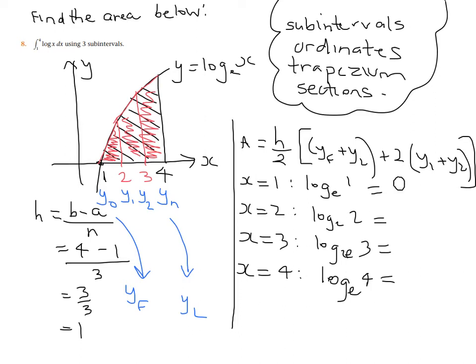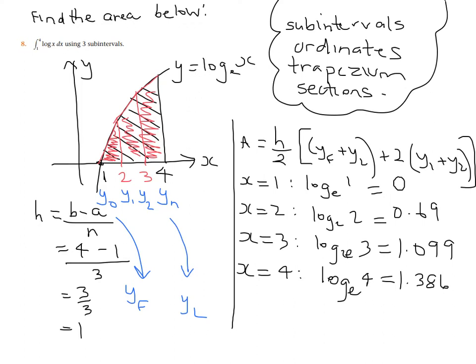Log 2 is 0.69. And log 3, 1.099. I'll take that to 3 places. And log 4, 1.386. Okay.